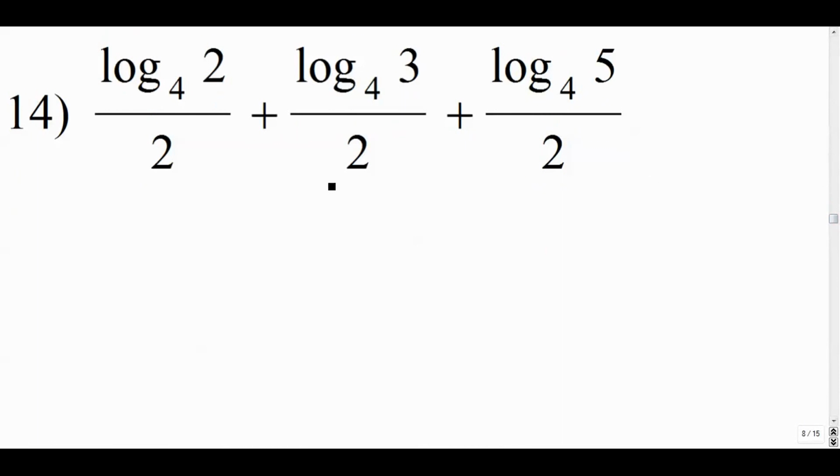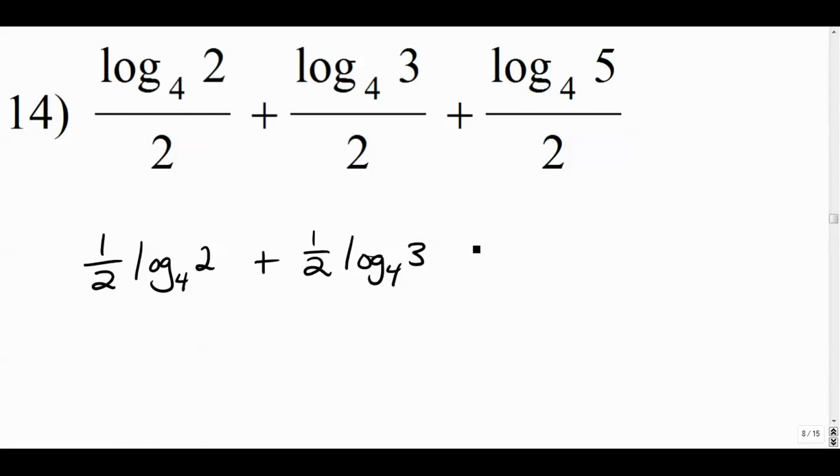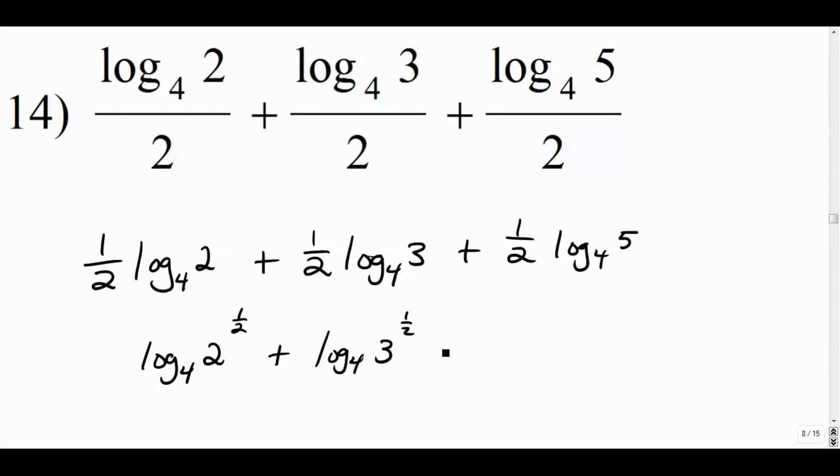Again, fractions, what I'm going to do is maybe change each one into 1/2 log base 4 of 2, 1/2 log base 4 of 3, 1/2 log base 4 of 5. That number goes up into the exponent, log base 4 of 2 to the 1/2 plus log base 4 of 3 to the 1/2 plus log base 4 of 5 to the 1/2.